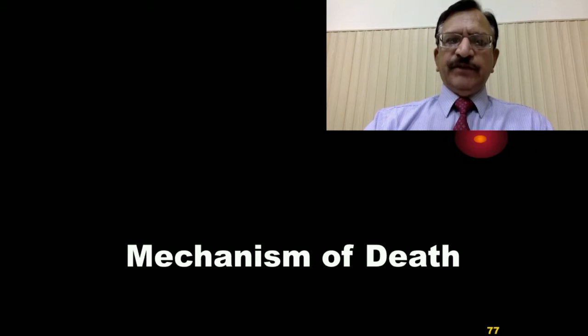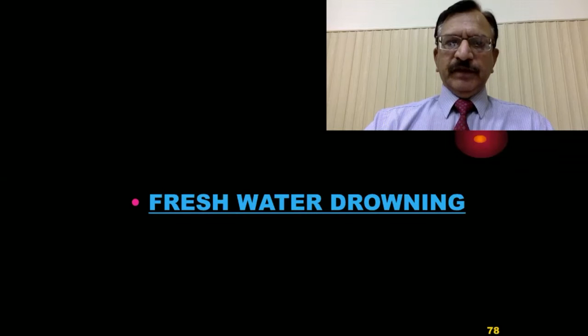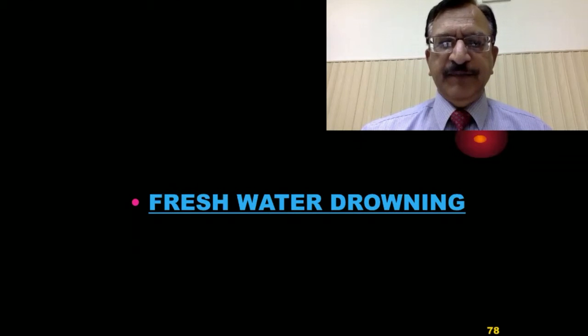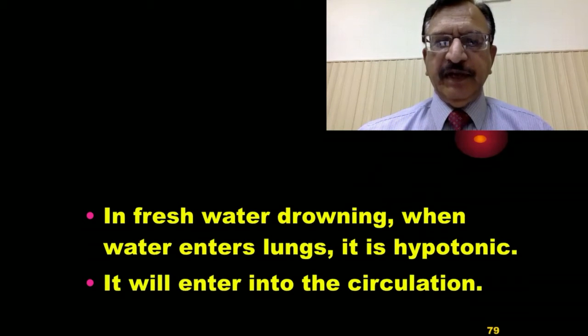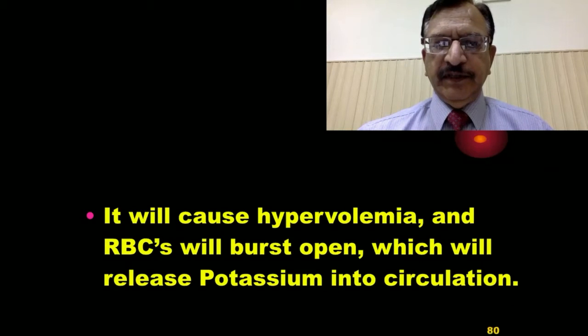Then the mechanism of death. In freshwater drowning, when the water enters into the lungs, it is hypotonic water and it will enter into the circulation. This will cause hypervolemia, an increase in the volume of blood, and the blood will become hypotonic.